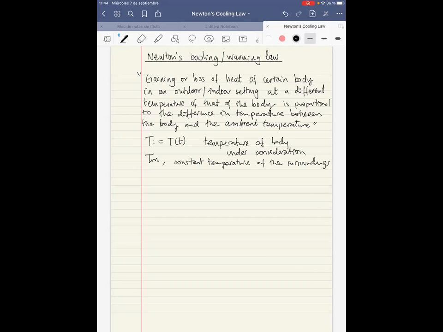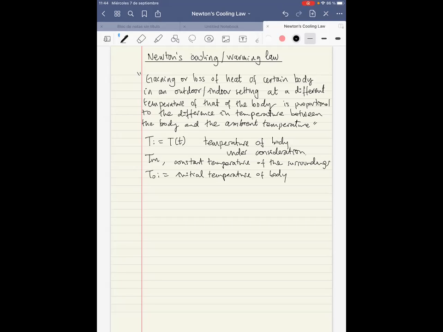Okay, so let me call T0 the initial temperature of the body that we're studying. And this is obviously going to be a constant too, because it's an initial number, okay?